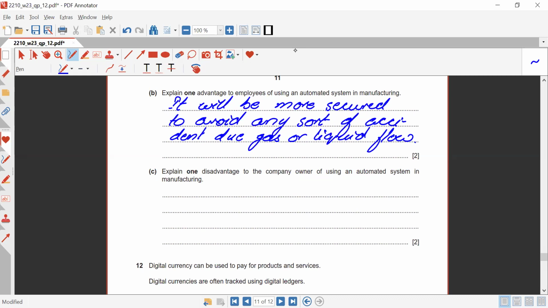Now they are saying explain one advantage to the company owner of using an automated system in manufacturing. Okay, sorry, one disadvantage to the company owner.